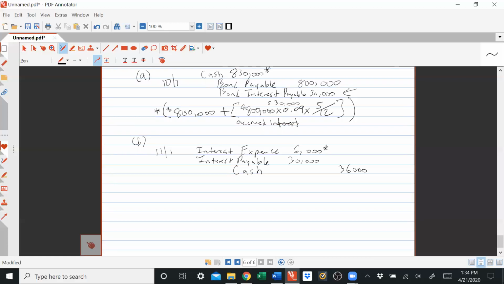The $6,000 is just principal, face value, times interest rate, times time. 1 month, the month of October.